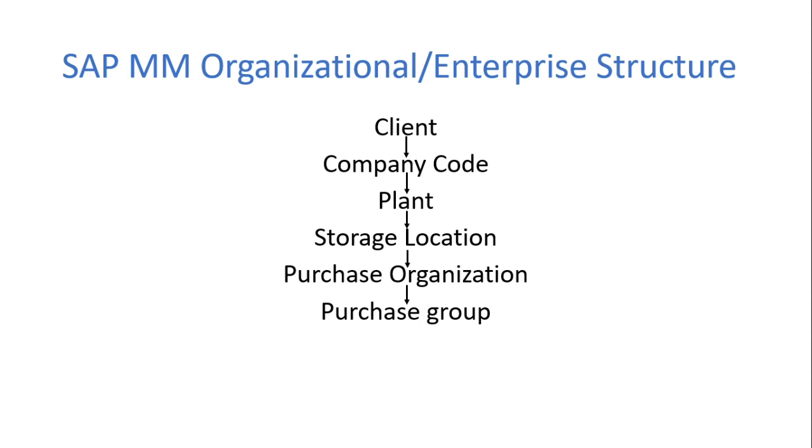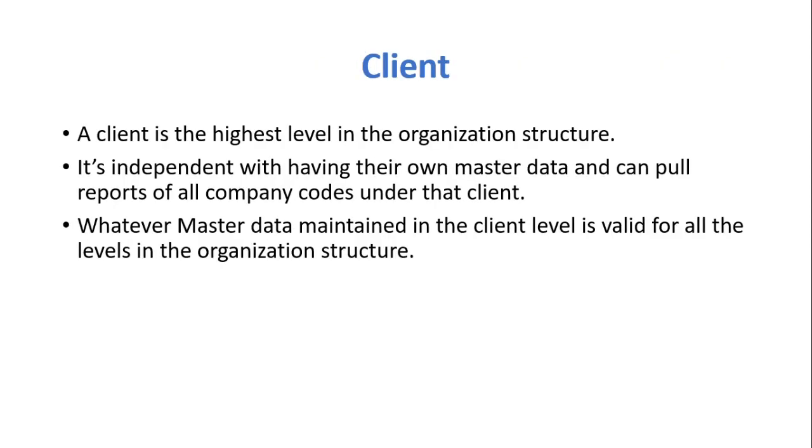Then SAP organizational structure, or enterprise structure. Here the top level is client, then company code, then plant, then storage location, then purchase organization, then purchase group. So these are the structures which we have. The client is the highest level in the organization structure, the topmost level.